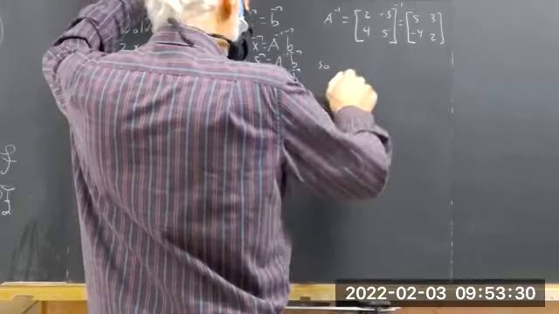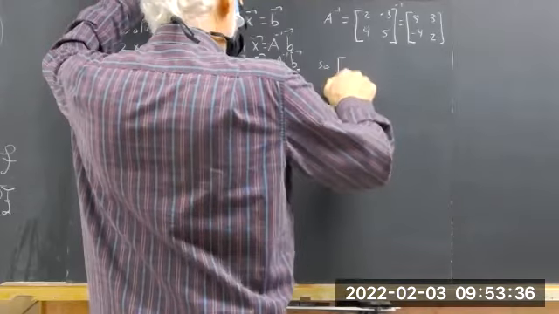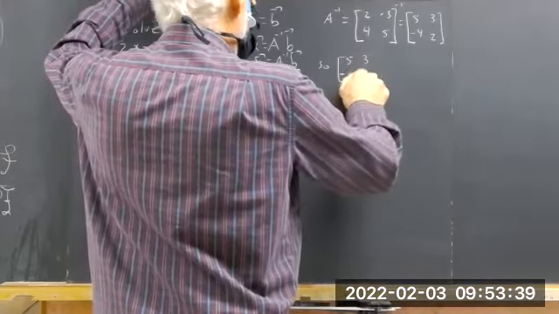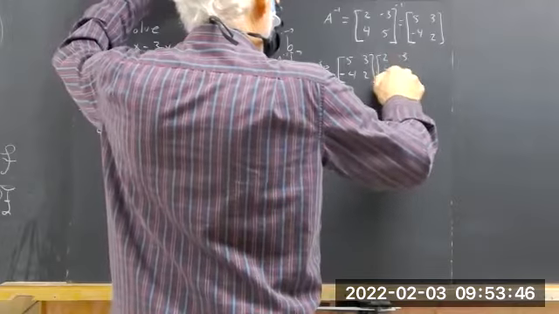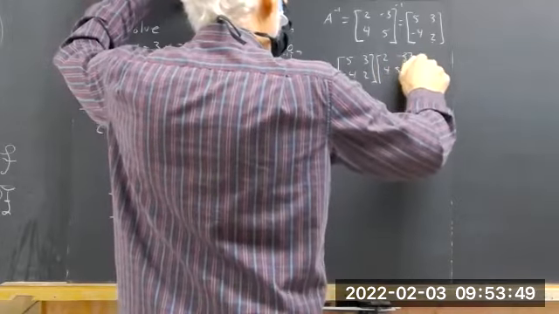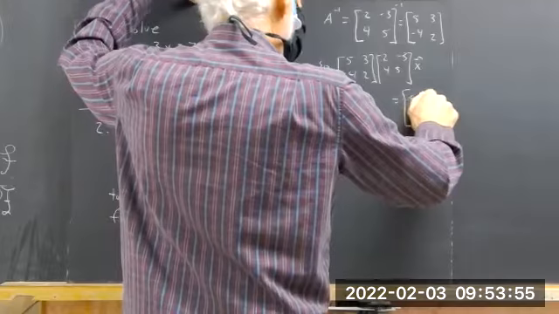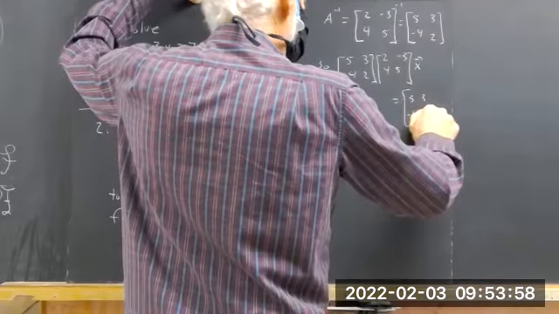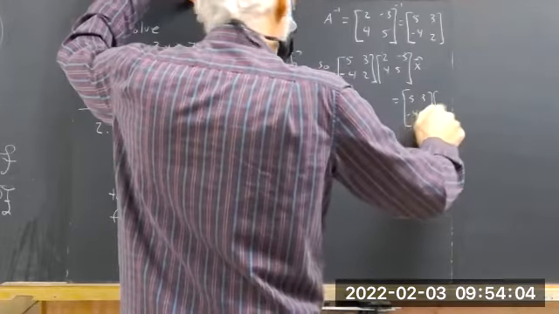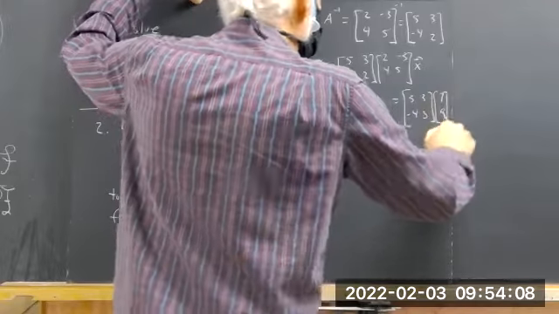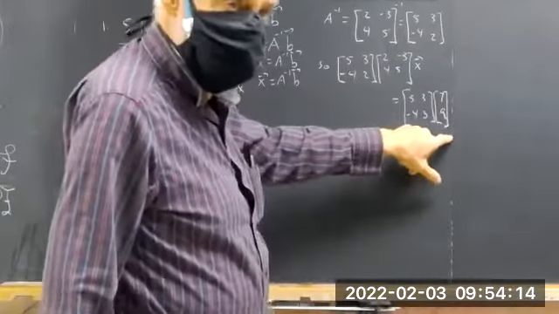So the matrix equation becomes this, because your original equation is this matrix times x equals this matrix times 7, 9.